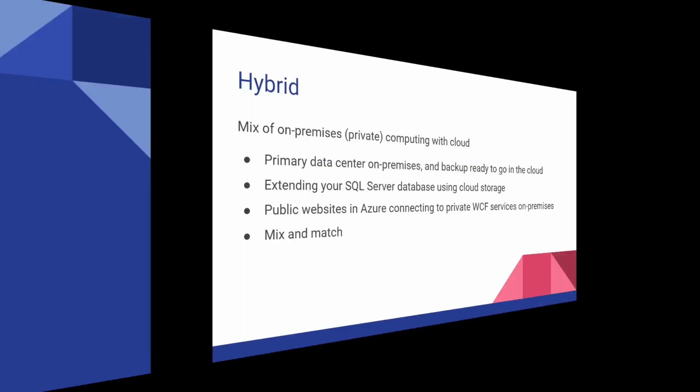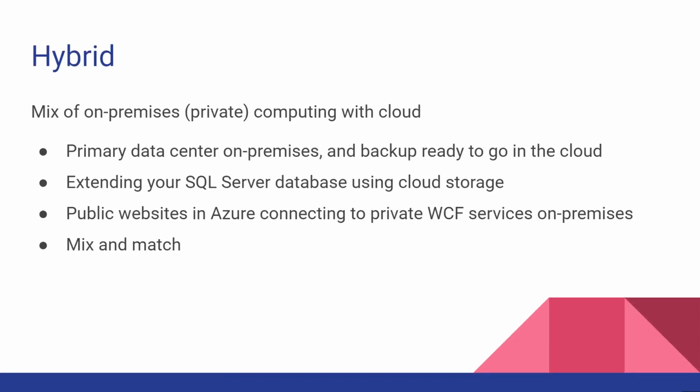The other term you might hear is hybrid. And so that is the combination between some sort of public cloud and your own network. So it's used in a lot of places. Basically, it's a combination of your own private software, hardware, applications, and the public cloud. So you can have your primary data center in your own premises, and then if there's a disaster, you have the backup ready to go in the cloud in case of a disaster.